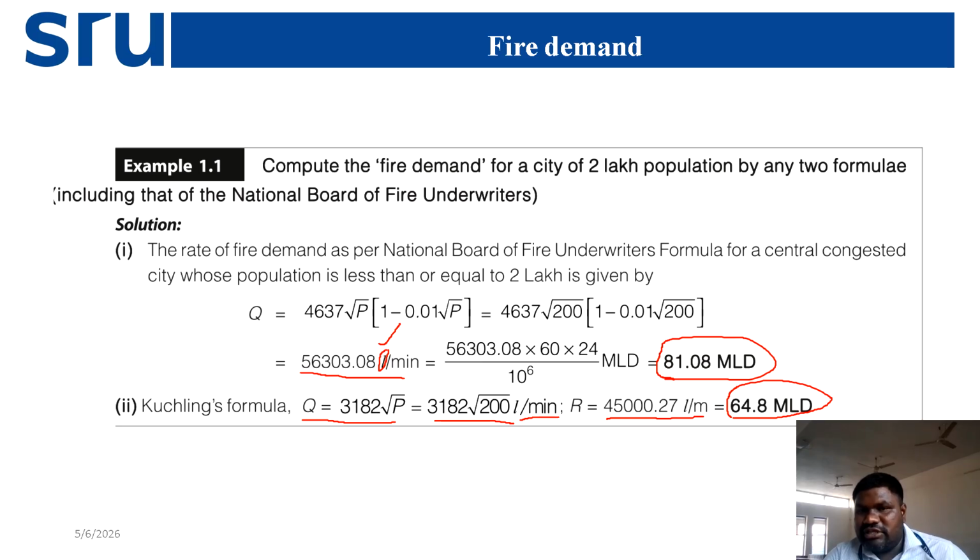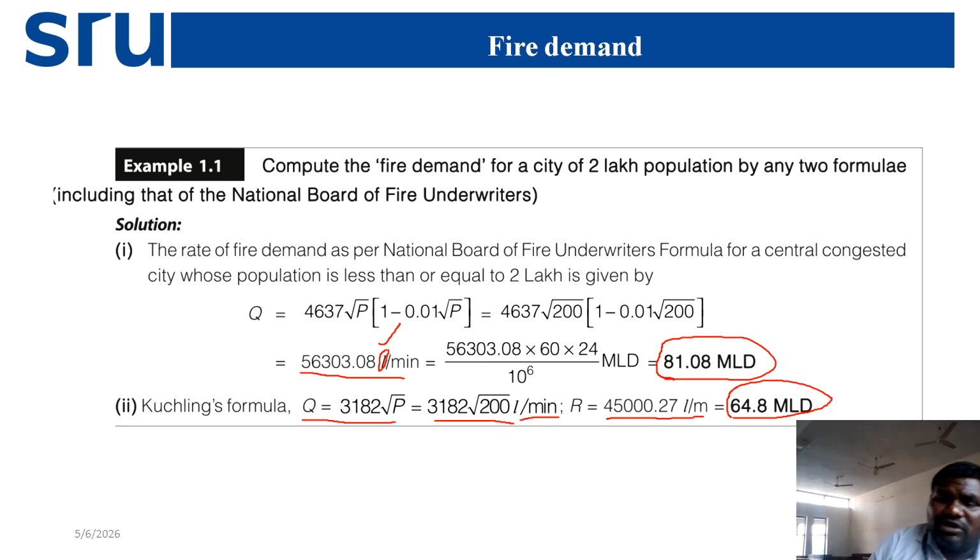In this slide we discussed how to calculate the fire demand. All are empirical equations, and the units for each parameter are fixed. When you calculate, the Q value will always be in liters per minute. When substituting the P value, it should always be in thousands.